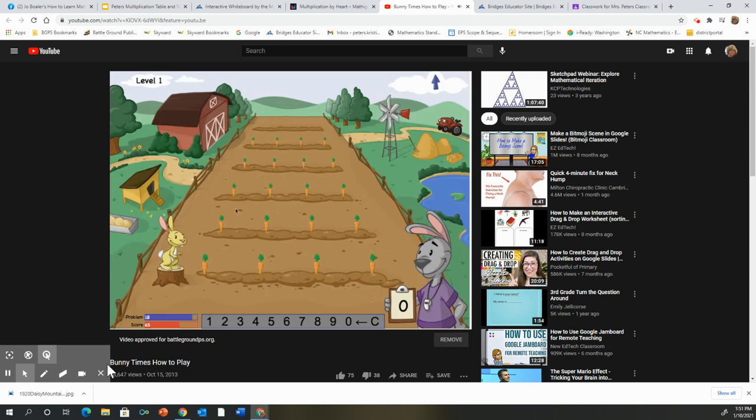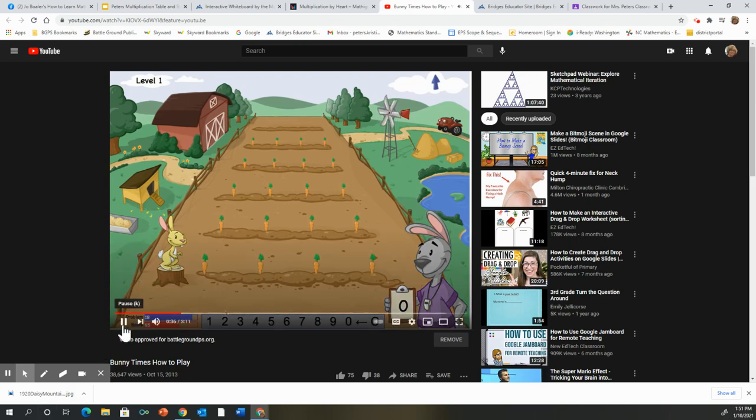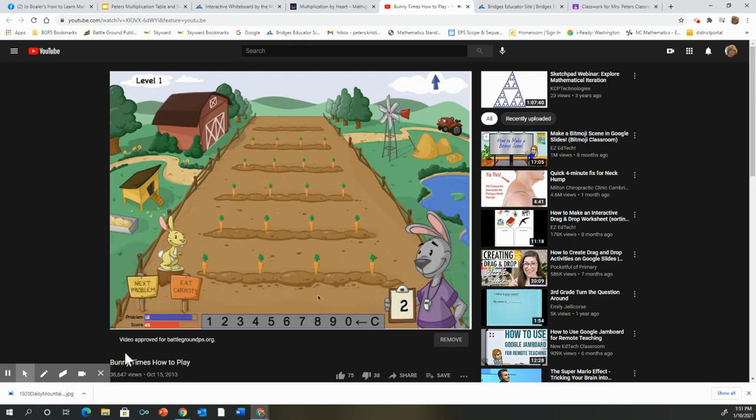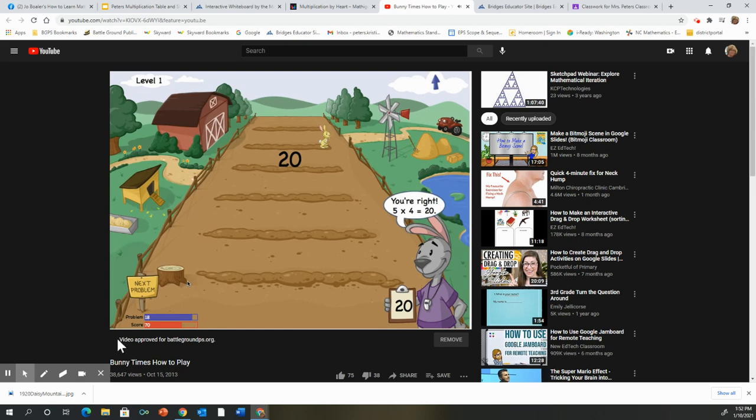How many cats are on the field? I think there are 20 cats, so I'll tap 2 and then 0. Am I right? Let me check. I'll tap eat cat. I was right. There were 20 cats.